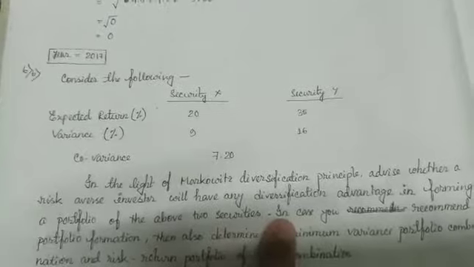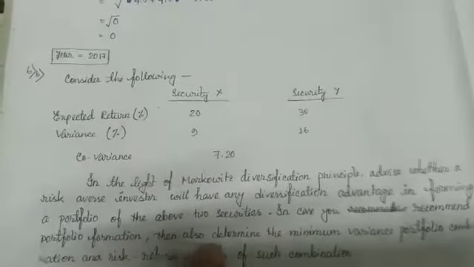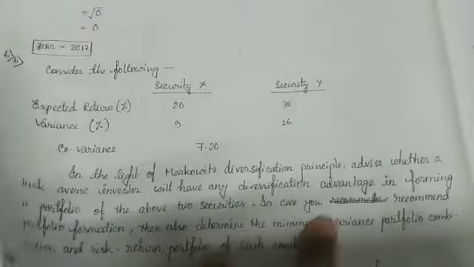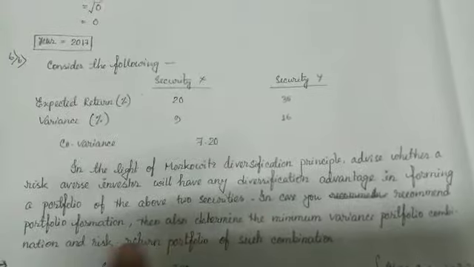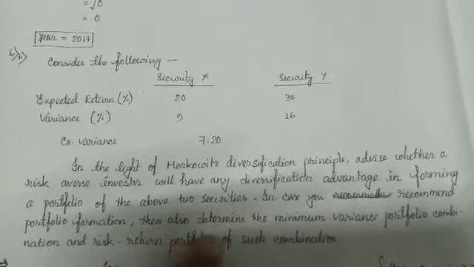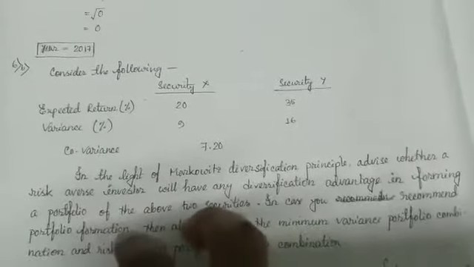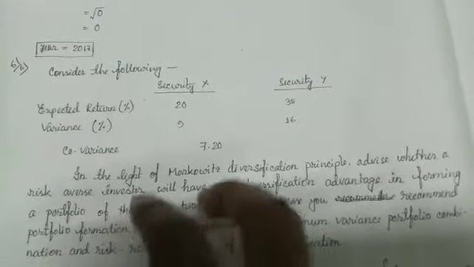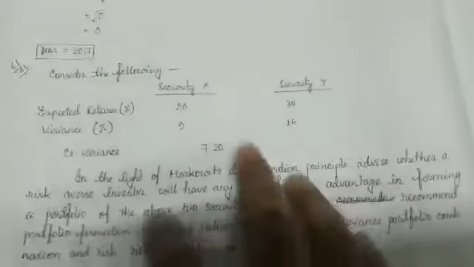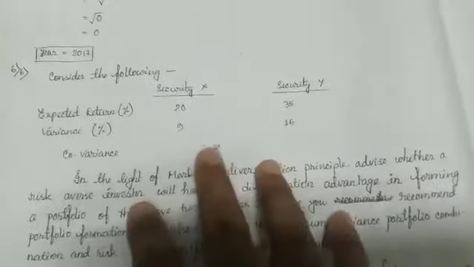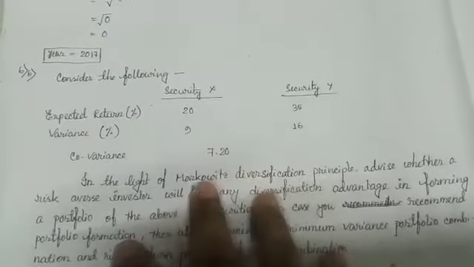In case you recommend portfolio formulation, then also determine the minimum variance portfolio combination and the risk and return profile of such combination. That means first we have to ascertain whether there will be any diversification benefit that can be attained by the investors by constructing a portfolio with security X and security Y as per the Markowitz diversification principle.